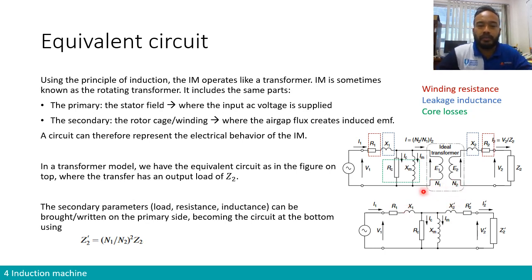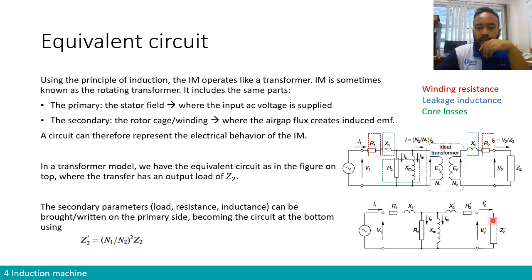So in order to make it simpler, what we can do is to bring the secondary part into the primary part so that it can become one single circuit like this. So the secondary parameters, which are the load resistor, the resistors and the inductors of leakage, can be brought to the primary by using just the ratio.